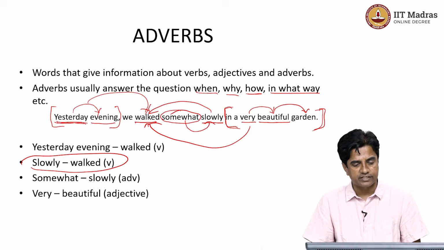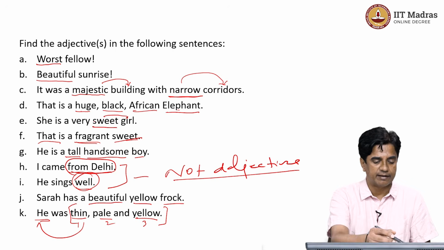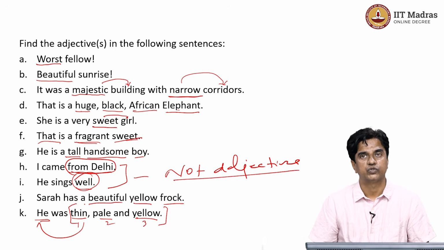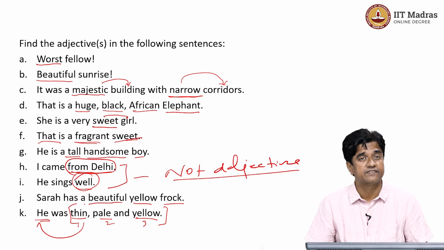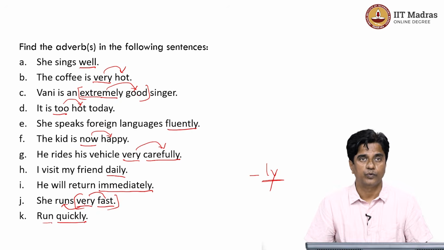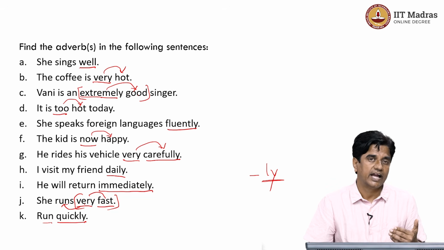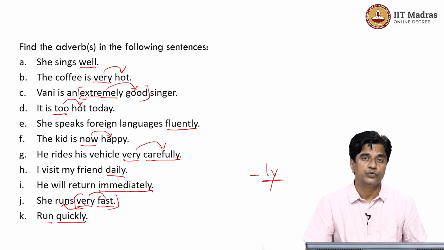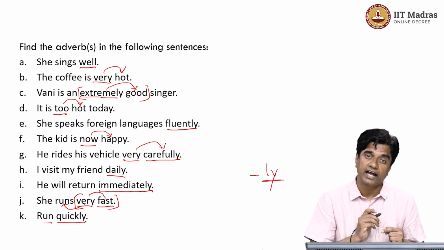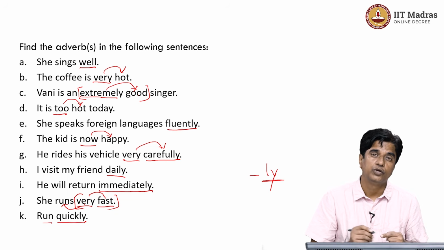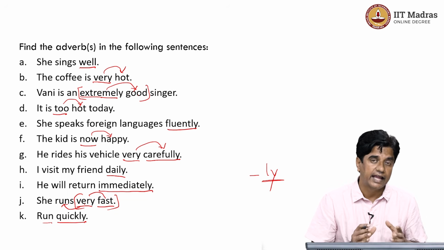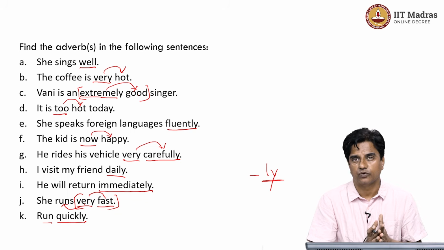We have been looking at many examples of sentences to tell you about adjectives and whether or not some of them are adjectives. We have taken these many examples to show you how we use adverbs in a sentence, how we use adverbs to modify adverbs, to modify verbs, to modify adjectives, and construct the whole sentence.